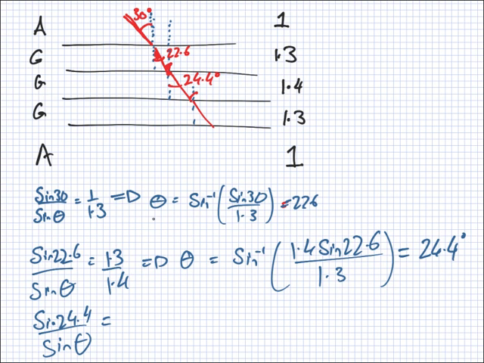oh, rats. Did I get this one wrong? I'm sorry. I made the Seba mistake of having it upside down. This one here should have been, let me give these letters so I don't get confused. Alpha, beta, gamma, delta, epsilon. So the first one was alpha to beta. Then this one here is beta to gamma. 1.4 over 1.3.